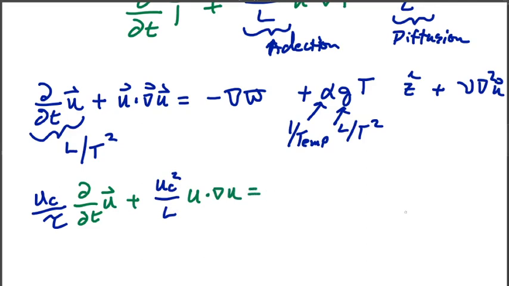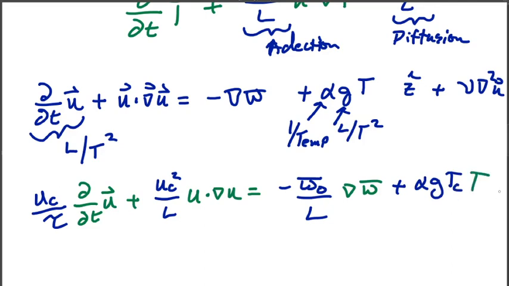This is equal to, we'll keep this term for now, minus pomega naught over L grad of non-dimensional pomega. We've got our alpha g T characteristic non-dimensional T in the z hat direction, the vertical direction, and then we've got our diffusion term plus nu over L squared u characteristic and then non-dimensional Laplacian on u.